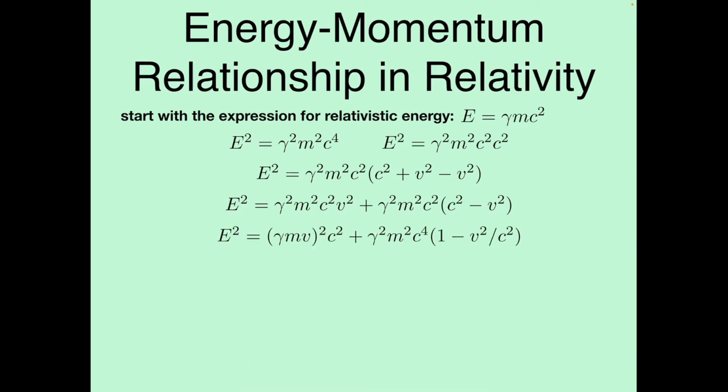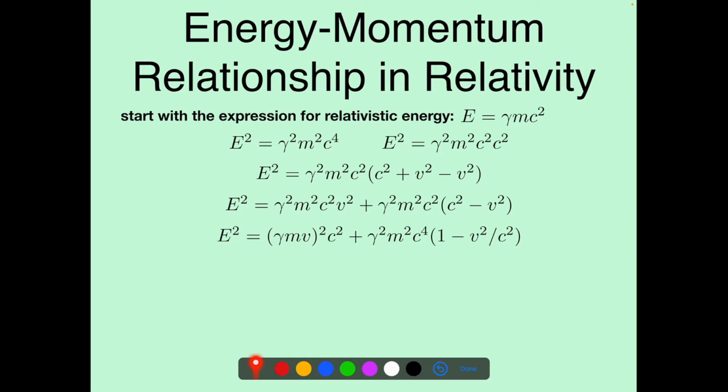Now, the next thing I'll do is I'll take the first term on the right side of the equation, and notice I have gamma, m, and v all squared. So what I'll do with that is just write gamma mv in parentheses and then square that whole expression times c squared.